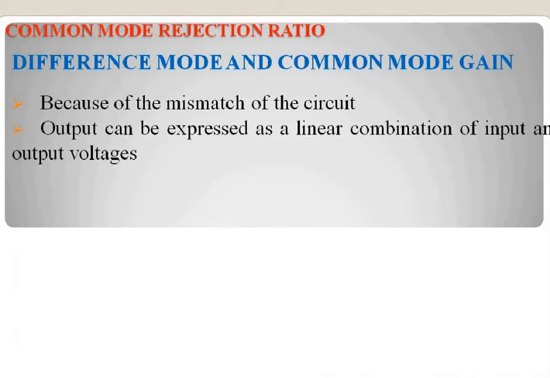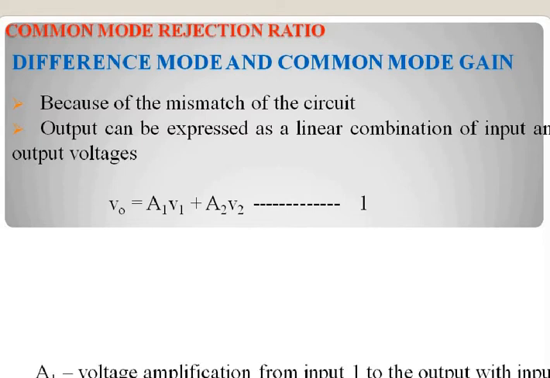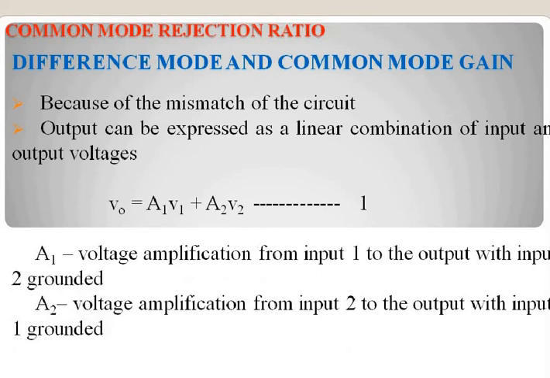Output voltage can also be expressed as a linear combination of the inputs. That is, we can write V0 equals A1 V1 plus A2 V2. Here A1 is the voltage amplification from input 1 to the output with input 2 grounded. A2 is the voltage amplification from input 2 to the output with input 1 grounded.